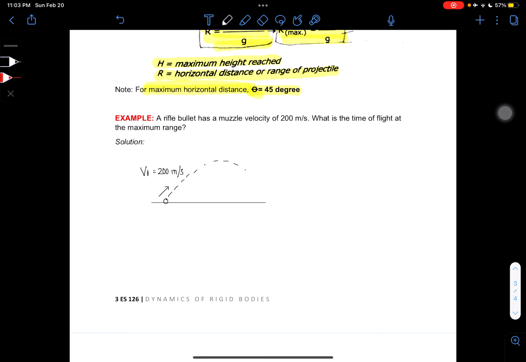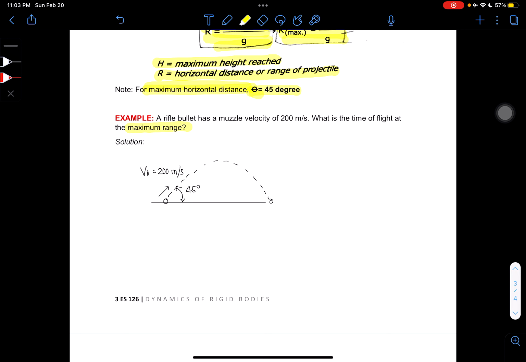So bullet nato. So na siya angle of 45 degrees. Ma'am, nganong na may 45? Wala man nag-ingon sa problem. So take note, gaingon siya og maximum range.